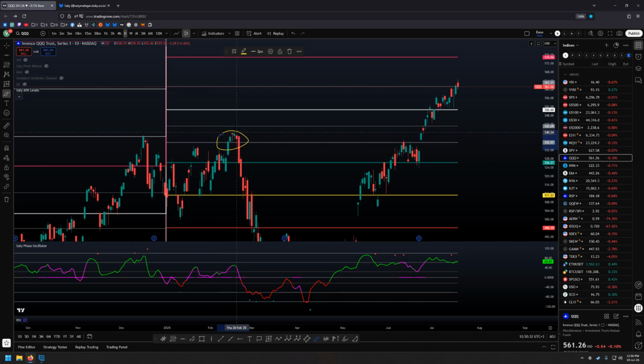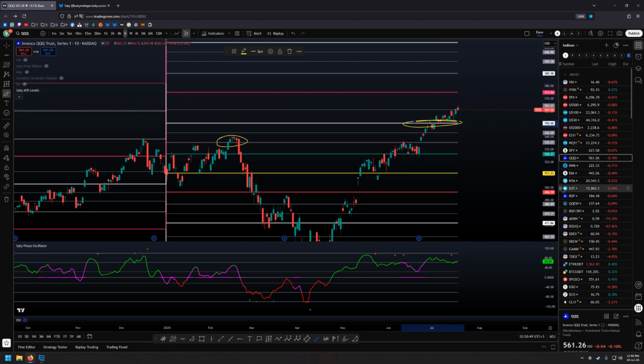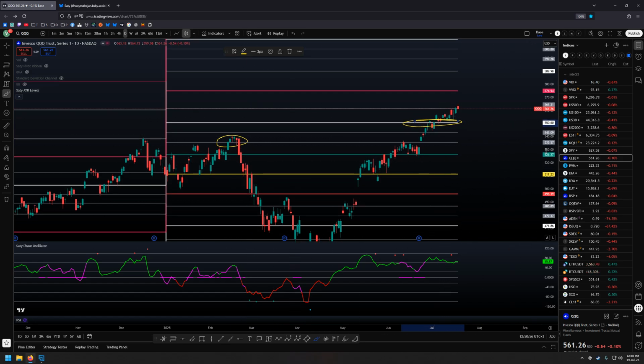If this level is tagged within the time frame of this ATR sequence, in this case yearly, there is a very high chance that the next level will be tagged. This is 61%.